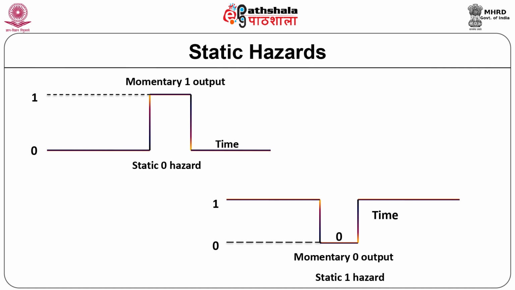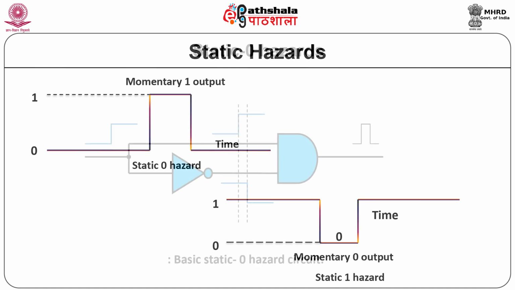On the other hand, if momentary 0 is likely to occur in the output when it is expected to remain in static condition 1, then the hazard is called as static 1 hazard.